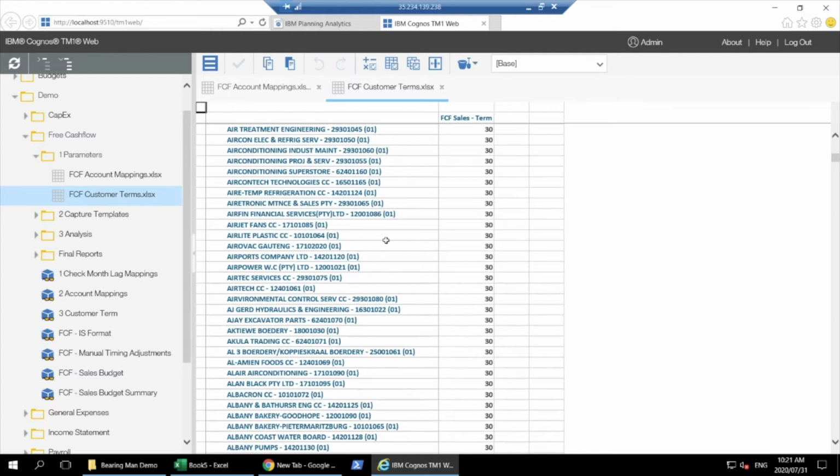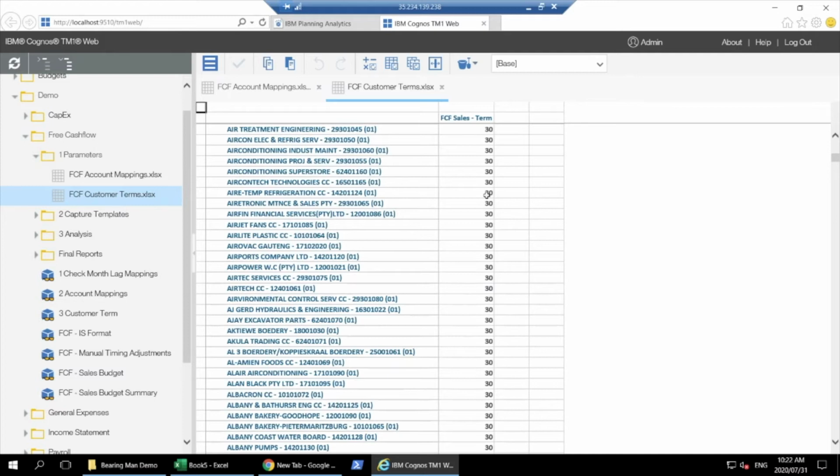But obviously that needs to be reassessed, and we can set specific customer accounts and change the payment terms on that. We could go to some of our big customers and change the payment terms. We might renegotiate terms, and you can go right down to an individual customer level and change the payment terms, and that will automatically ripple through and change your cash flow statement instantaneously.